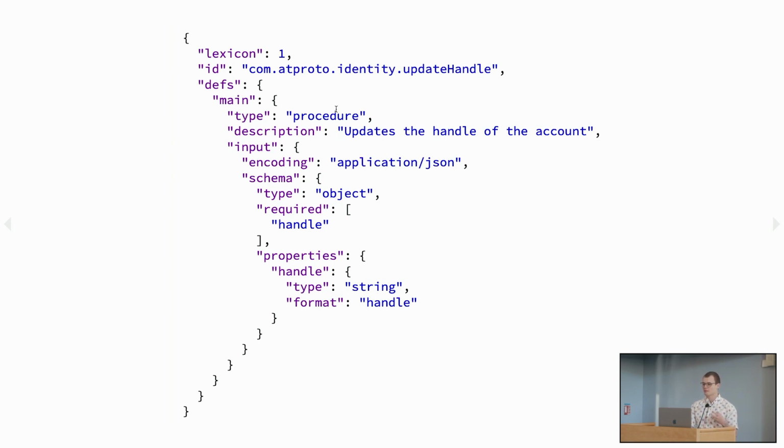And then you have a procedure. That means it's basically a post request that updates the handle of the account. And then the input is a JSON blob. And the schema is an object that has a handle as a required property, and it's the only property. Its type is string, and its format is handle. And already you might be thinking, that's kind of neat. I might be able to do something with that.